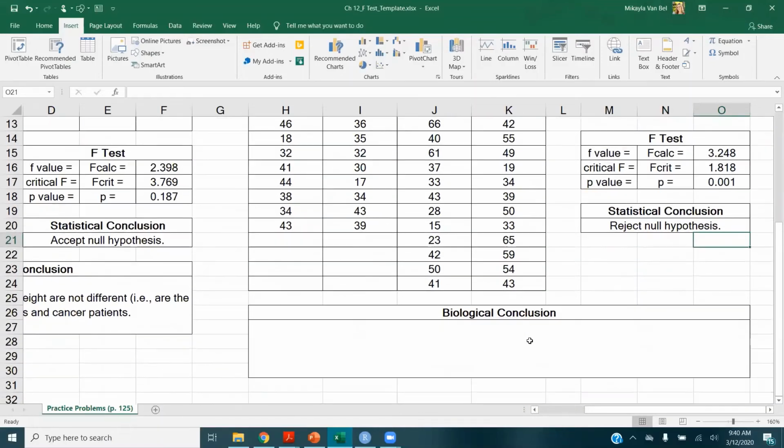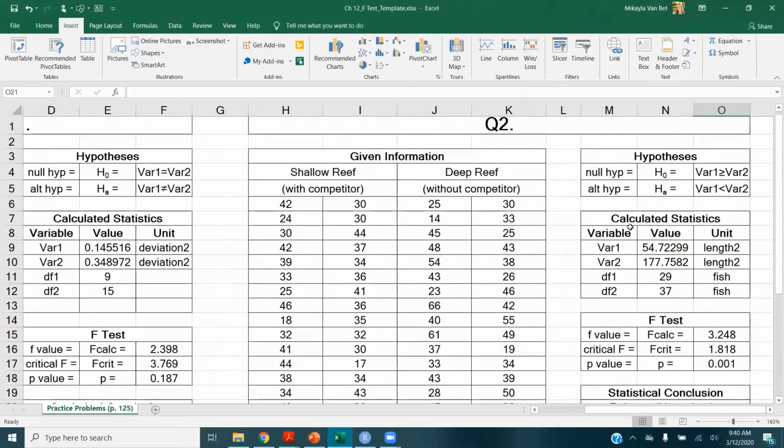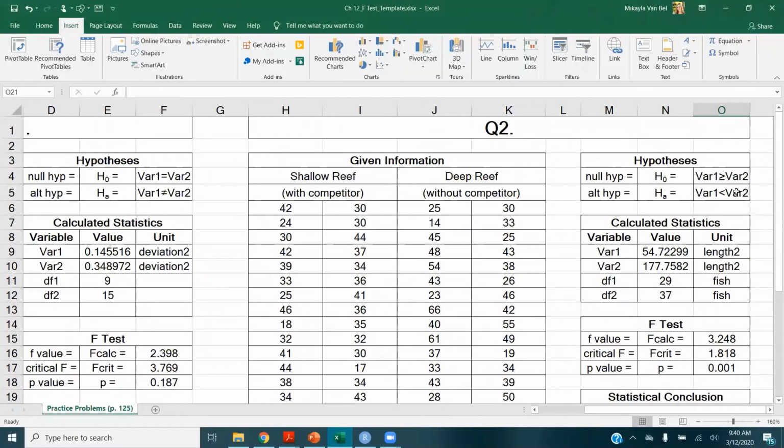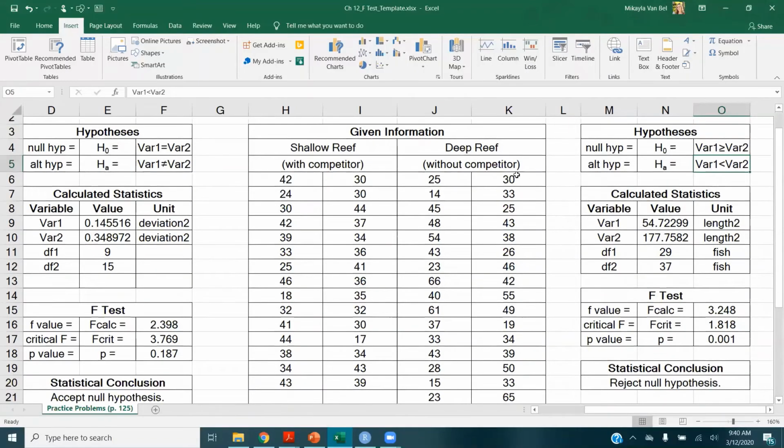Our biological conclusion for this problem comes from the hypotheses. Since we reject the null, this means in a way that we accept the alternative, that the variance of group 1, being the shallow reef, is less than the variance of group 2.